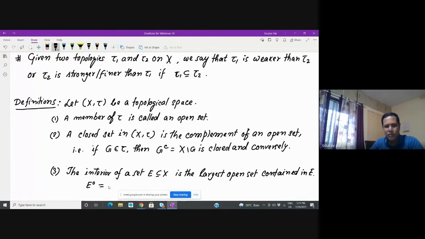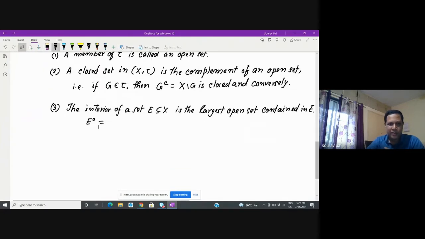This is actually the union of all open sets which are contained inside E. You can see it clearly.